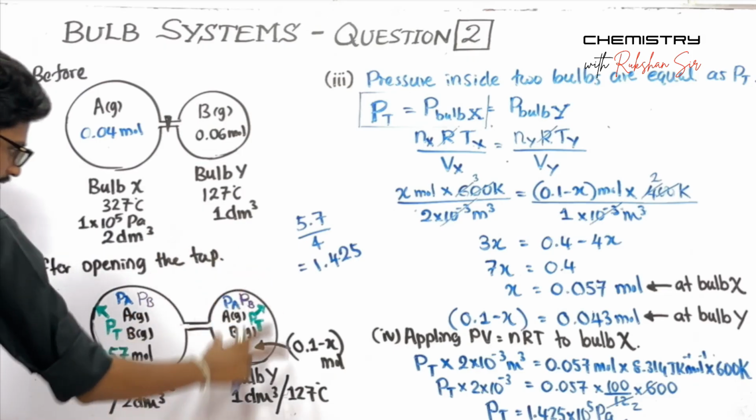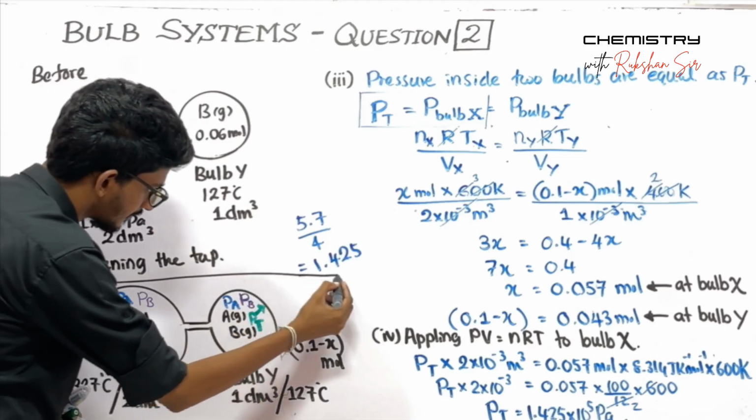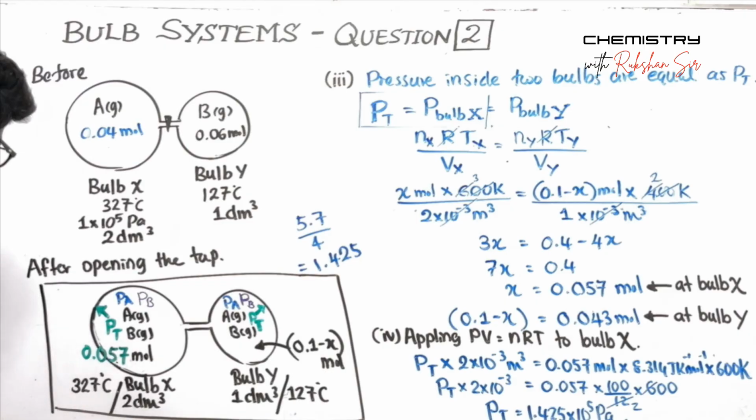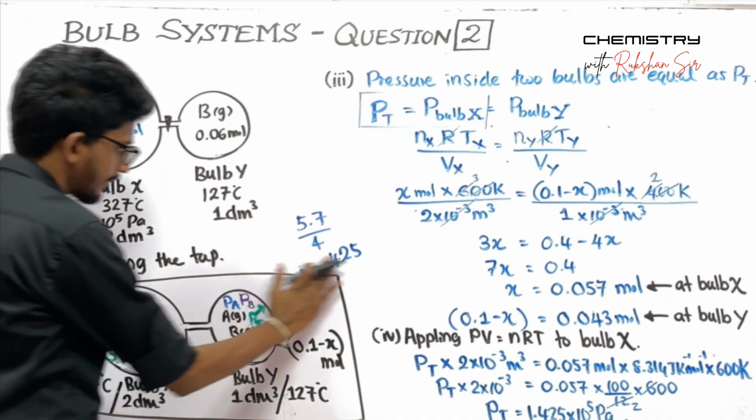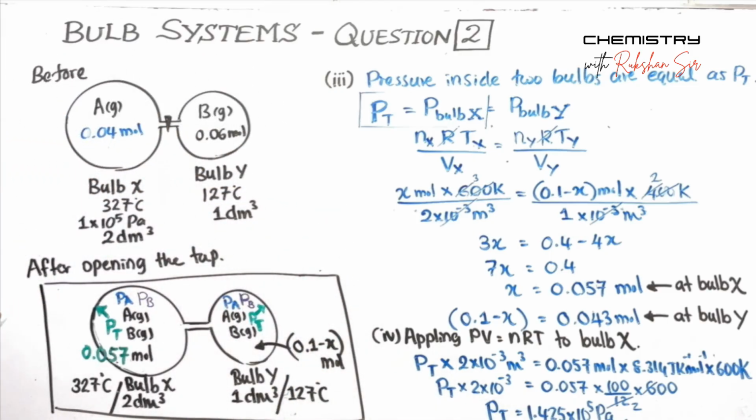Considering the total system, inside this total system you have 0.04 moles of A gas.